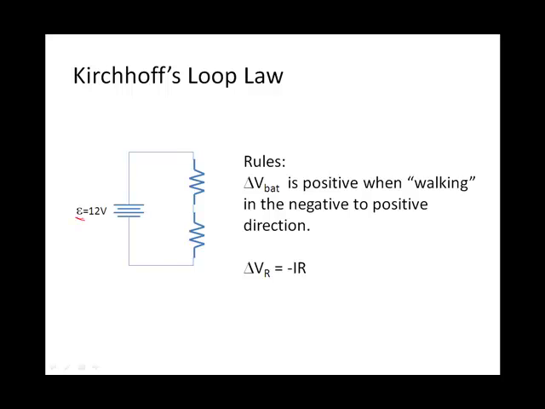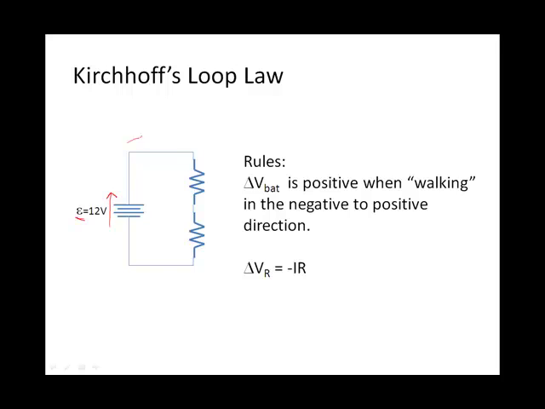Some rules when we're dealing with loops of circuits: whenever we walk across a battery in the negative to positive direction, we call that a positive change in electrical potential energy. So as a charge walks uphill across a battery, it gains altitude, might be the way we think of it, or it gains an electric potential.